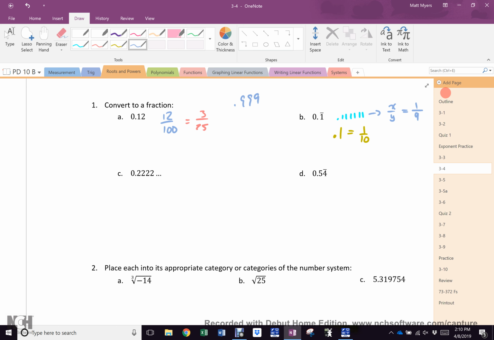Okay? Everyone cool? All right. So now, what is our best guess for that as a fraction? 2/9. Beauty. Easy peasy lemon squeezy. Now, what's that?